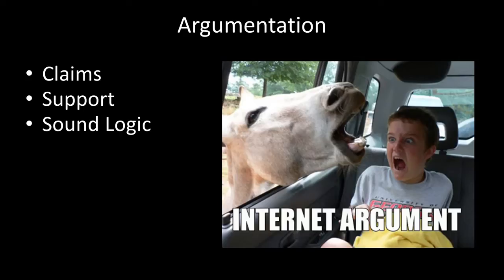So again, we're bringing the tenets of critical thinking together. If I was to make a claim, for that claim to become an argument, I would have to support that claim. I would have to explain why something is the way it is, and then perhaps cite some sources or bring some evidence to pull it in without drifting into unsound logic, which we'll talk about when we get to fallacies.